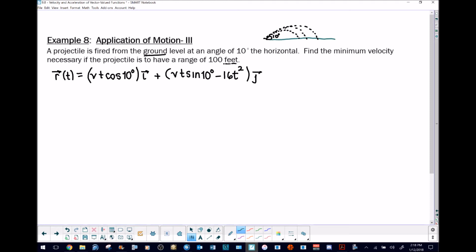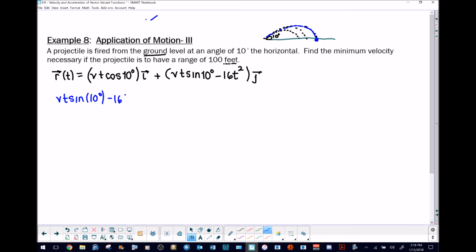Where do we go from here? Well, this is where I like the fact that this problem is really quite intuitive. It's pretty logical about what we want to do with this, I think. If you think about this projectile, this cannonball, firing through the air and landing here at some spot that we hope to be 100 feet or more away, it probably makes sense to start with the vertical component first, that would be v times t times the sine of 10 degrees minus 16t squared.